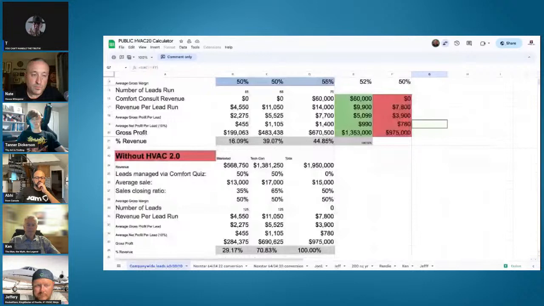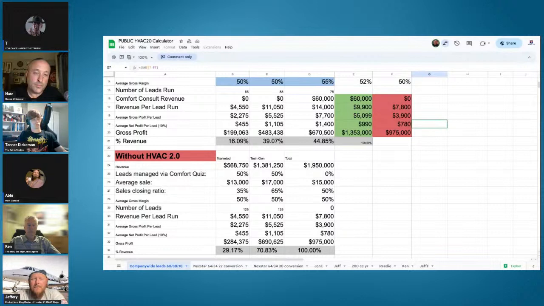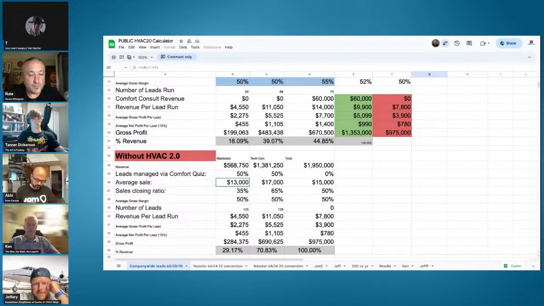And this is sort of another place where you can do your reconciliation, so that you can go back and forth between what your current business looks like and what the business would look like with HVAC 2.0 based on comfort consults or no comfort consults. And if you wanted to, for your average sale, if you click on average sale, it's tied to the one above, but you could always just type in a number and then it won't be tied to the one above.